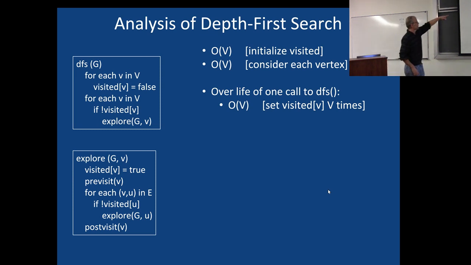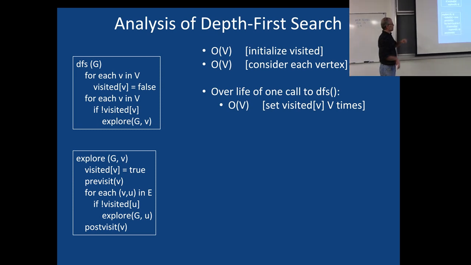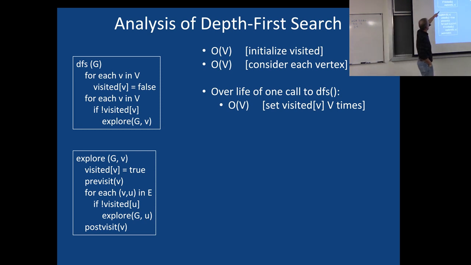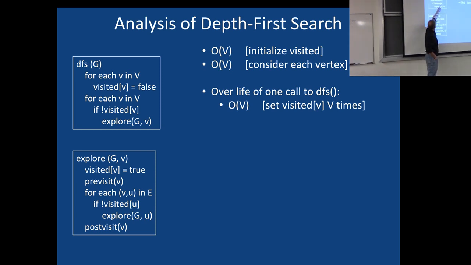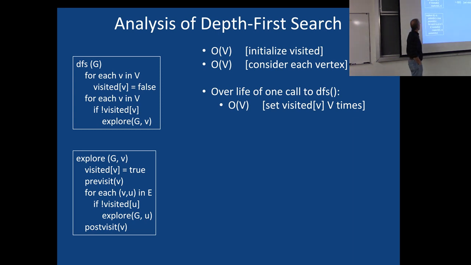So we're running through this loop. We're iterating through the vertices, so that's where that consider each vertex comes from. Then inside this loop, how many times do we check to see whether a vertex has been visited? V times. Right, that loop will run V times, and so that's O of V.